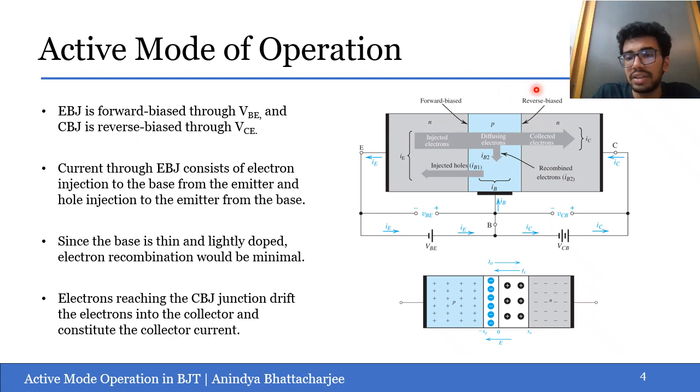So what happens in this junction when it is reverse biased? In our typical diode, we know that when no bias is applied, due to the concentration gradient of electrons and holes in the two doping regions, a depletion region forms, which has an internal electric field.